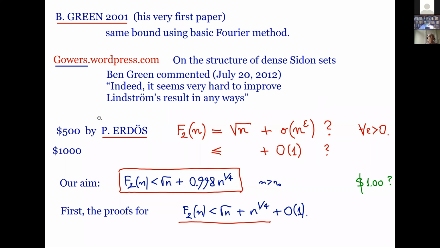I have found two places where Paul Erdős offered a serious prize to prove better upper bounds. Now, we were able to improve the root n, the fourth root n, by 0.2%.